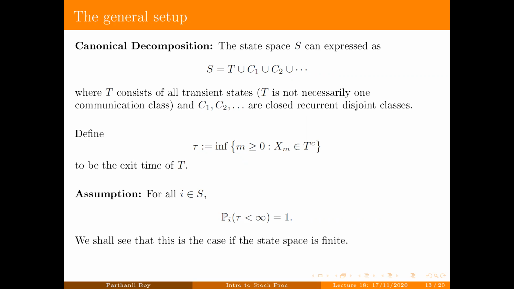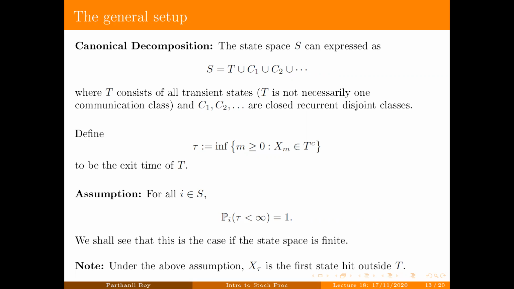Anyway, under the above assumption, therefore, X tau is the first state that is hit outside T. Remember that the Markov chain may not stop at X tau. In the Gambler's ruin case, that was the case because T complement consists of two states which are both absorbing.